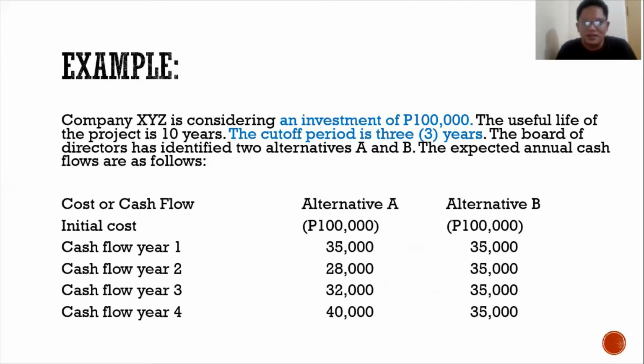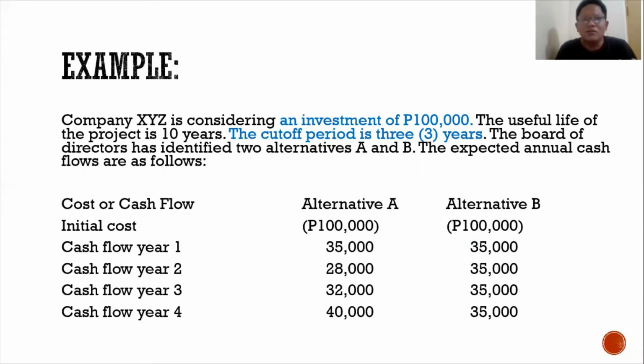The company wants to decide if it will set up alternative A, which will cost 100,000, or alternative B, which will also cost 100,000. There are other measures on how to evaluate which project we want to set up, but for now, we will just focus on payback period.